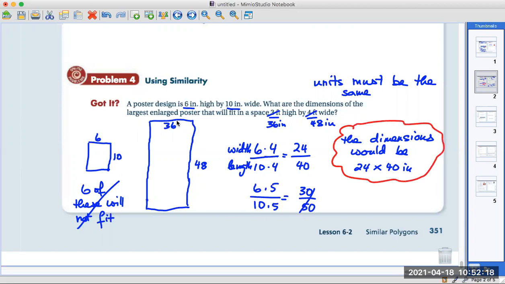So it would be kind of like, so if this is 36, it might be like this. 24 by 40, and that all would be wasted space. So this would be the enlarged poster that would fit. Hope that makes sense to you.